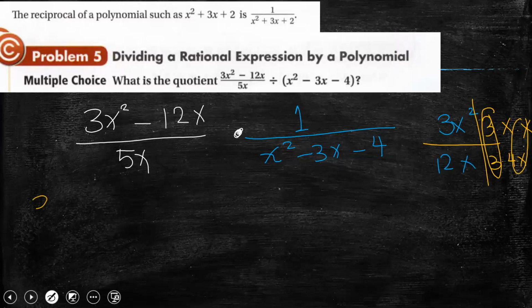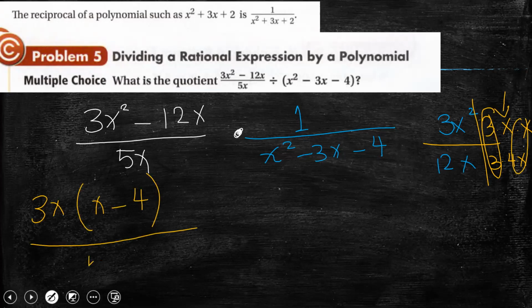So let's take 3x as a common factor. What is left here? x minus 4. Bravo. Over 5x. Then here, 1 over x squared minus 3x minus 4.